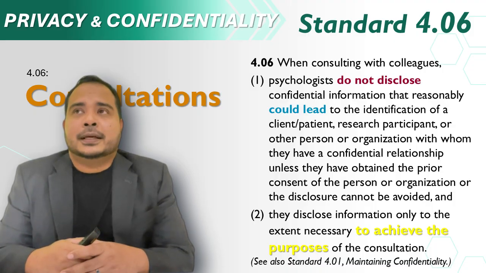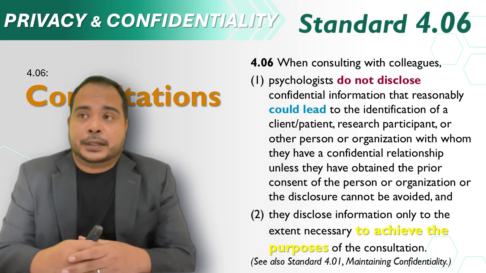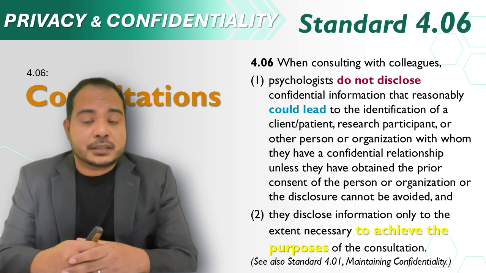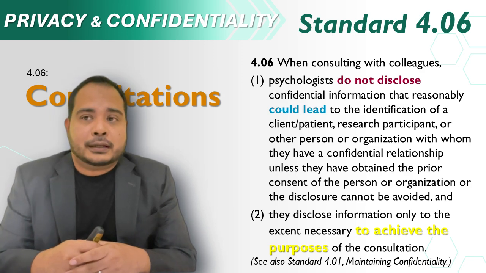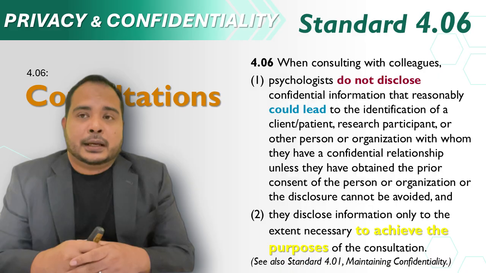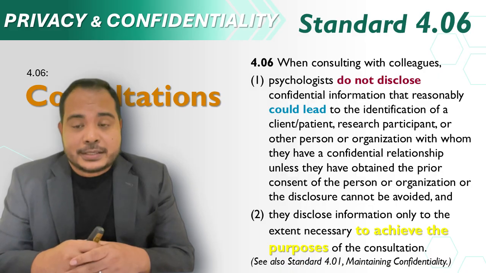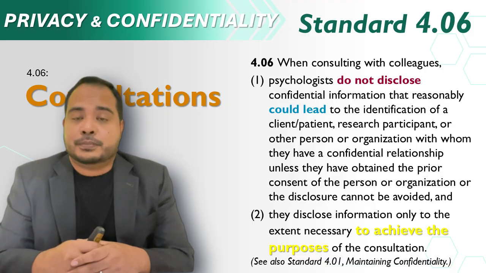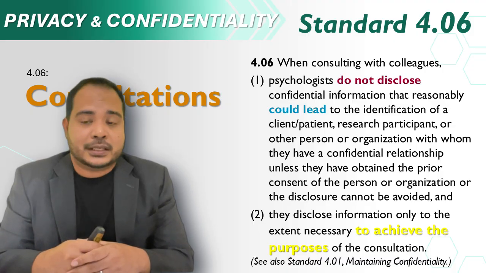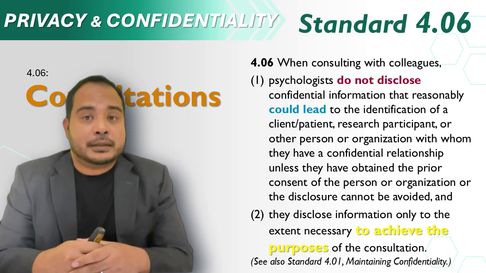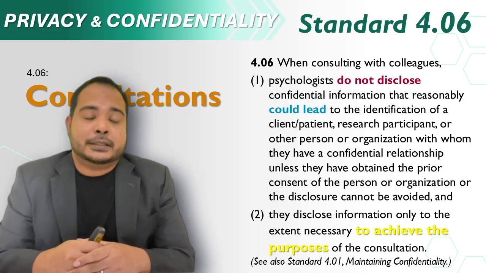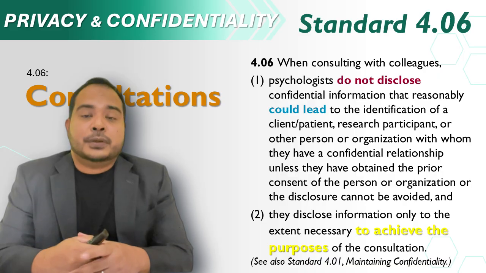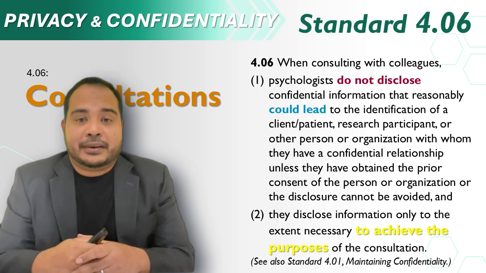If you are familiar with the process of publishing in a journal, for example, the editor will request you to make your manuscript anonymized, meaning that there is no identifying information about yourself in the manuscript, no names, no salutations, no affiliation, etc. So we make the case anonymous. We don't refer to a person by their identity. So if we are involved in consultation, we use aggregate or hypothetical descriptions rather than personal information.